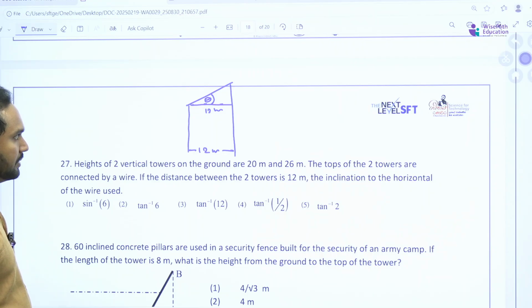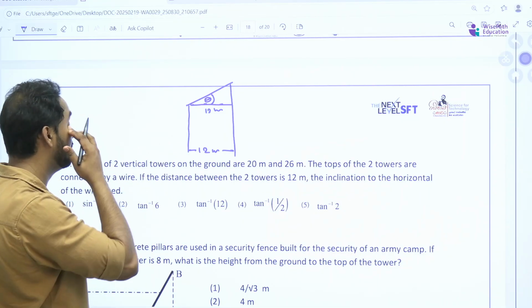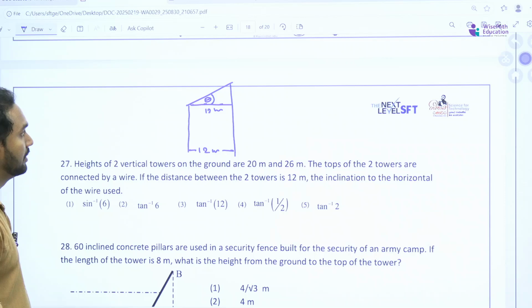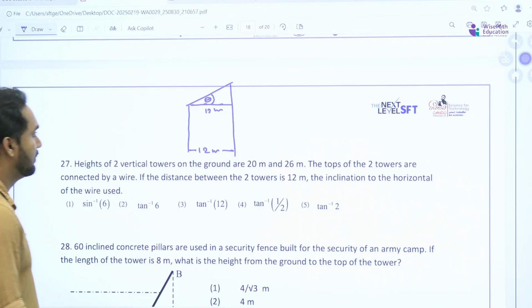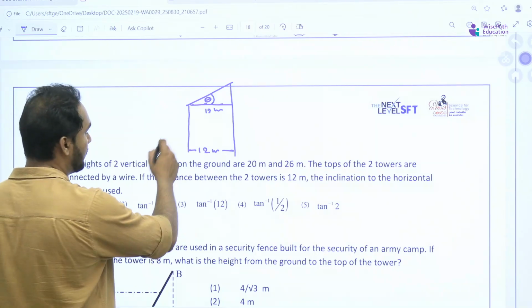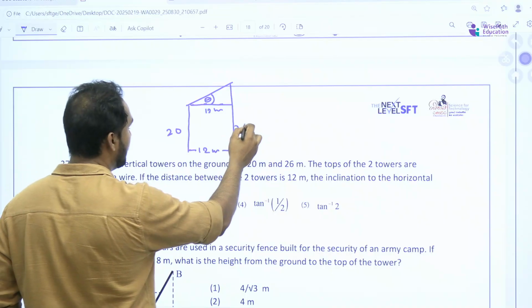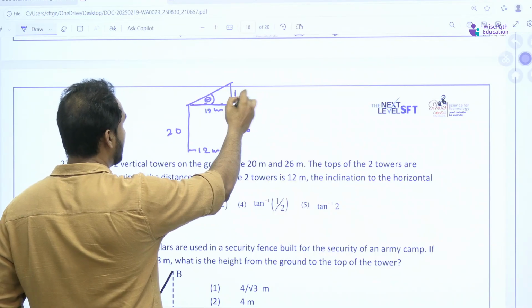So they are asking for the inclination to the horizontal of the wire. Now they are asking for theta. You have one of the sides, that is 12, and the sizes of the two towers, this is 20, this is 26. So this should be 6.